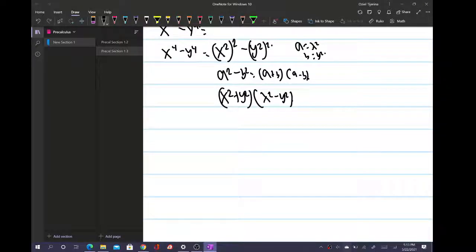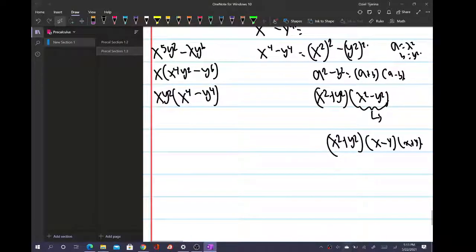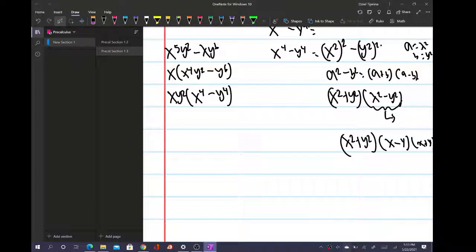And we can factor this further with the difference of two squares pattern: x squared plus y squared times x minus y times x plus y. So in reality, this simplifies to x y squared times x squared plus y squared times x minus y times x plus y.